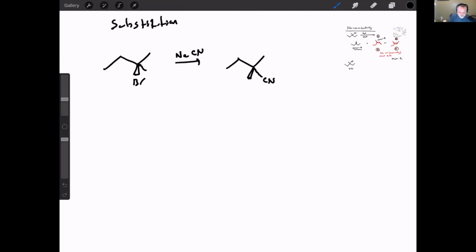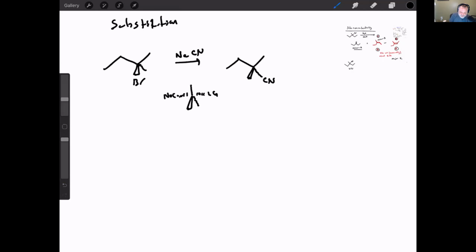But remember that we formed a trigonal bipyramidal transition state, where the leaving group was leaving at the same time that the nucleophile was attacking.